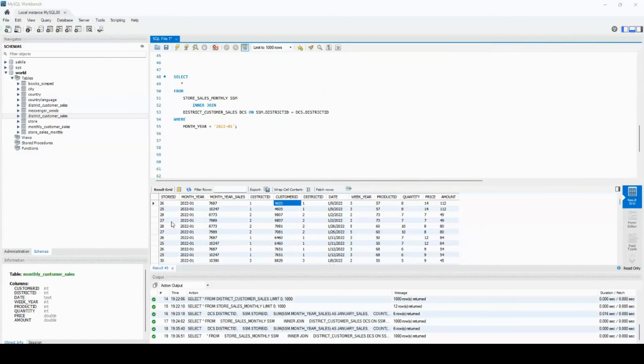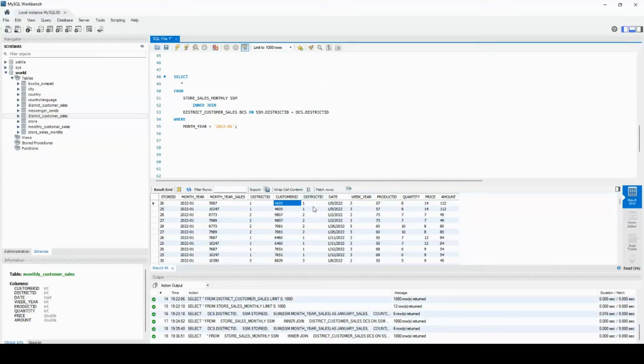So what do I mean by that? Our first table has things grouped at the store level, and our second has them grouped at the customer level. Even though we have this district ID that joins these two, we don't have that store ID in our customer sales table that we can use to tell where these transactions took place, which is what we would need in order to properly get the customer count.